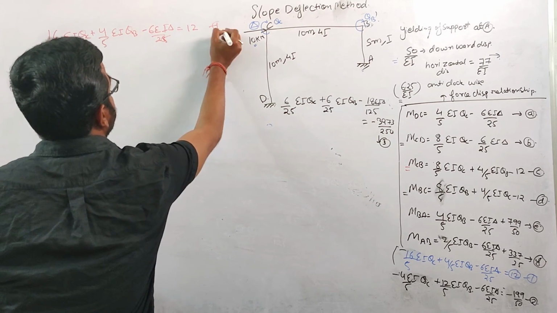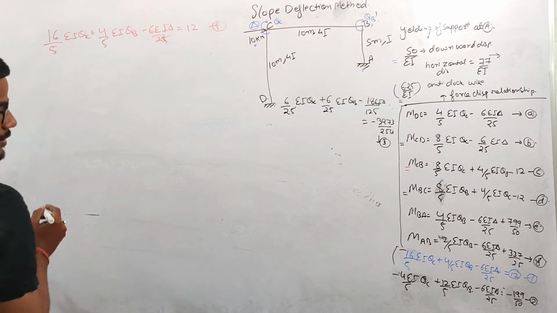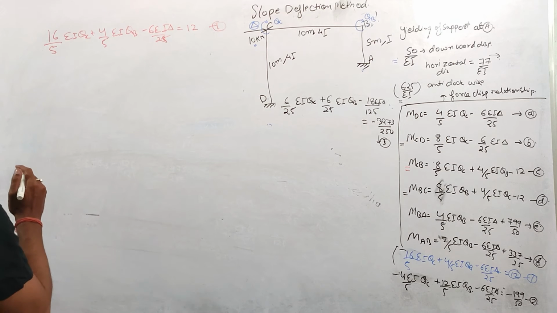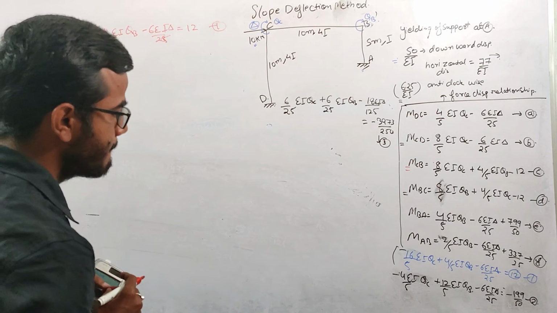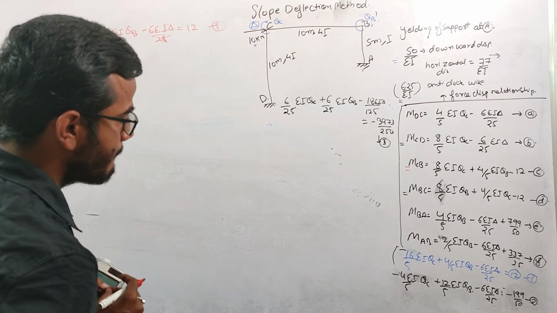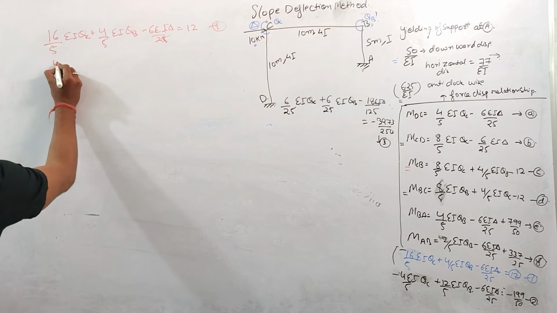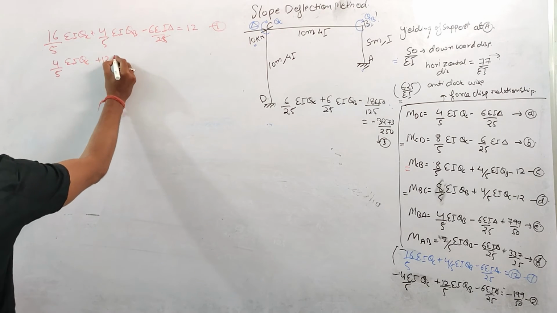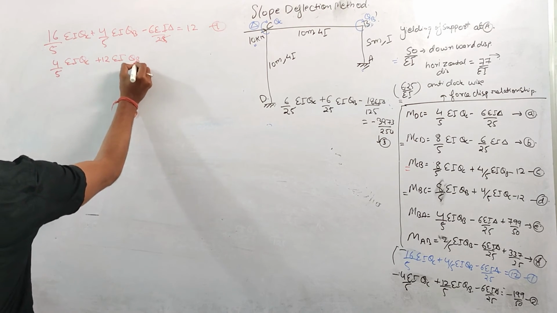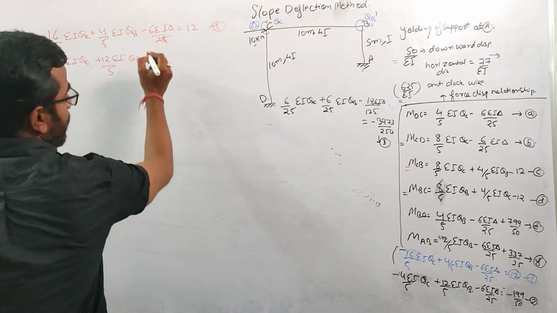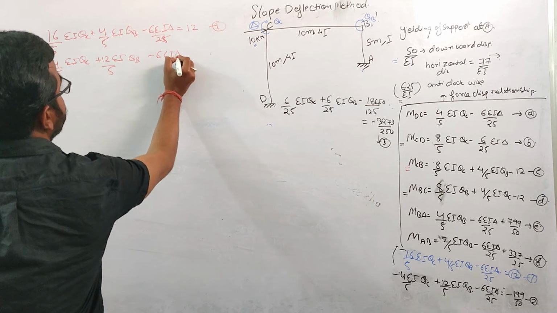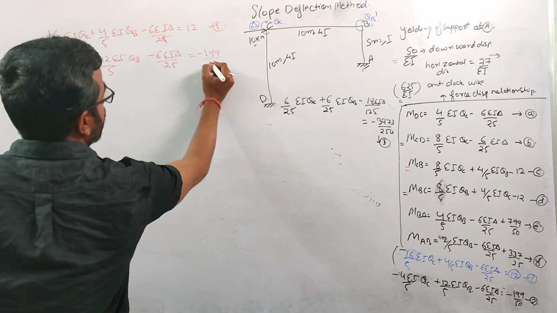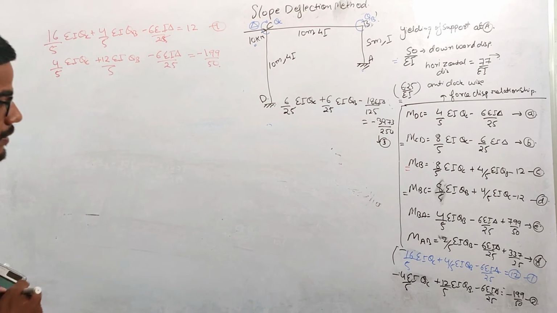So this was our equation number 1. Next equation is 4 by 5 EI theta C plus 12 EI theta B over 5 minus 6 EI delta over 25 is equals to minus 199 over 50.